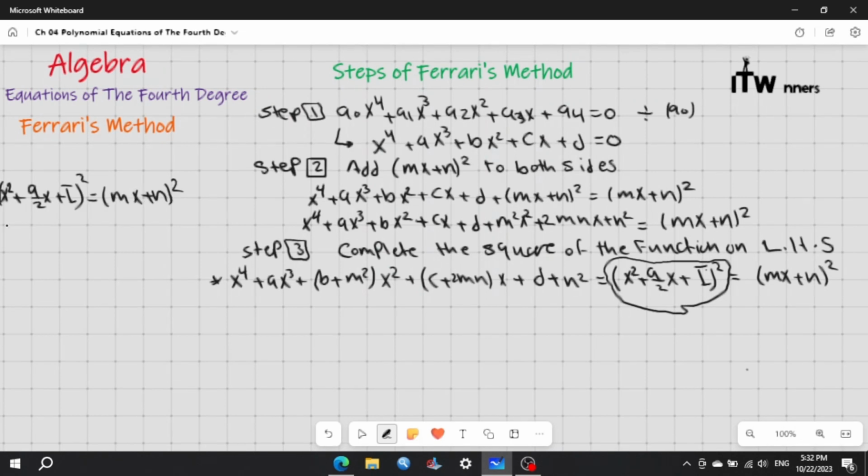So x squared plus half a x plus i will be equal to plus or minus (mx plus n). Okay, just keep that.